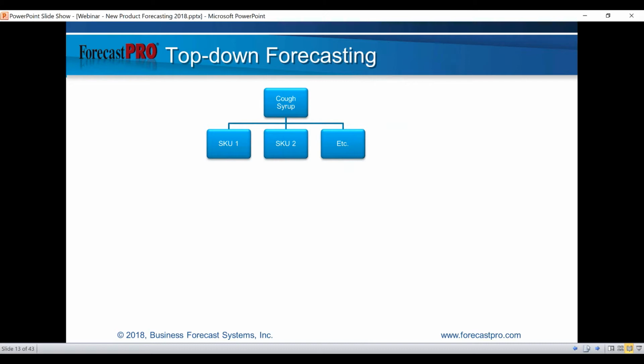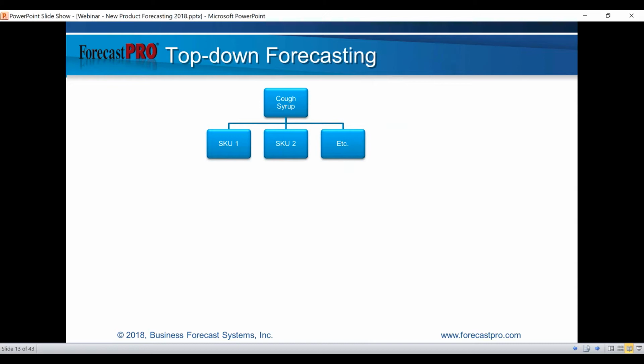So what we're looking at on this slide is we've transitioned from toothpaste to cough syrup. And cough syrup also, there's a lot of different sizes, a lot of different flavors going on there. But each of these individual items or SKUs really has a similar dynamic across the entire product group. Therefore, it makes a lot of sense to combine them into that product group.